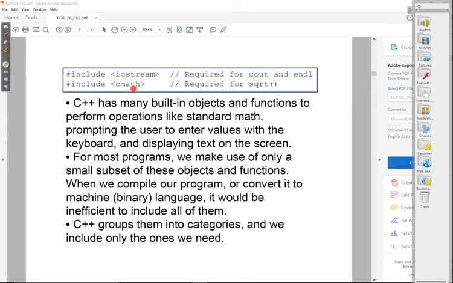cmath, okay, this says it's required for sqrt or square root. You could probably guess that cmath is a family of math commands, okay? So in this program, we are basically calculating the distance between 2 points, right? What happens once we've calculated that distance?